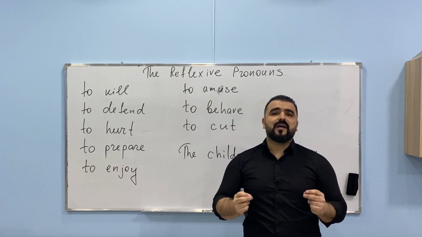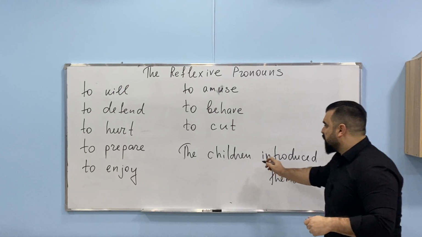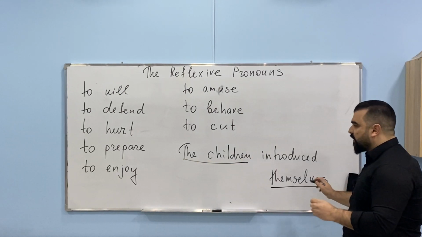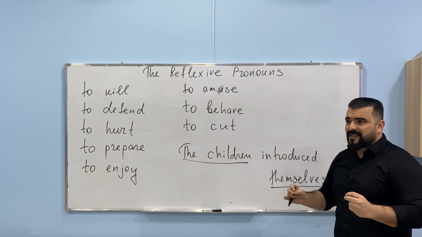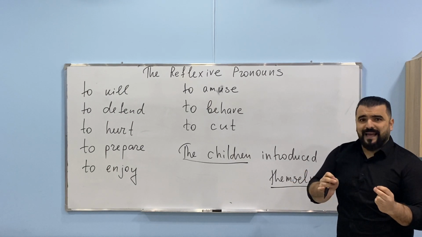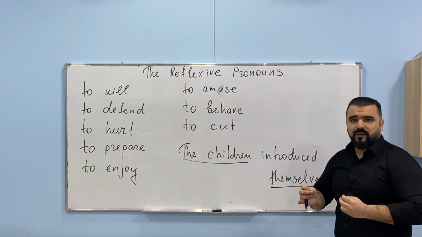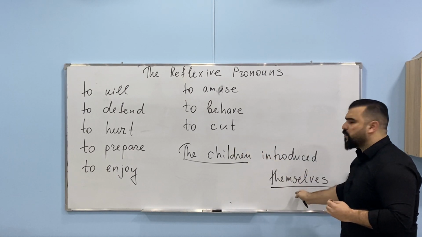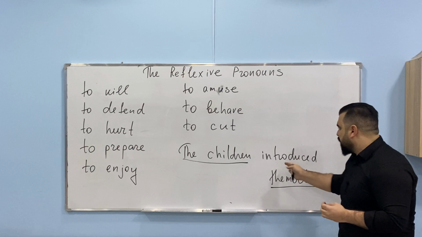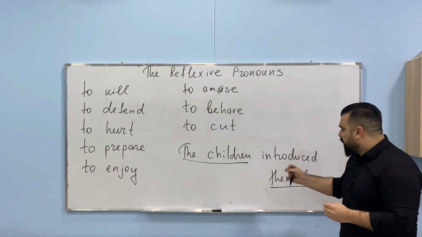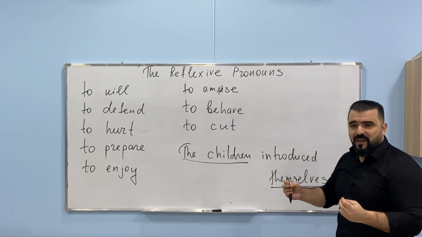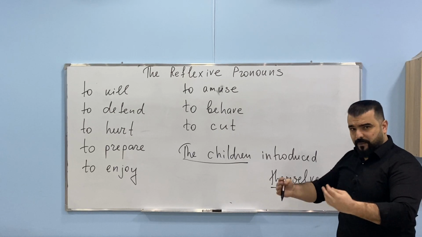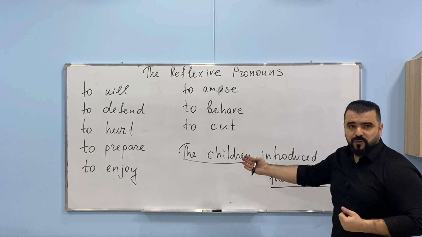The object is themselves. So they are the same. And as I stated before, every person has its own reflexive pronouns. So you can't use "the children introduced myself" or "the children introduced ourselves." You can only use themselves, the third person in the plural, with the word the children.